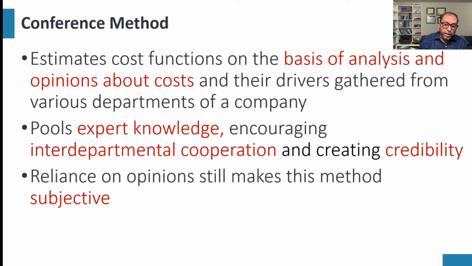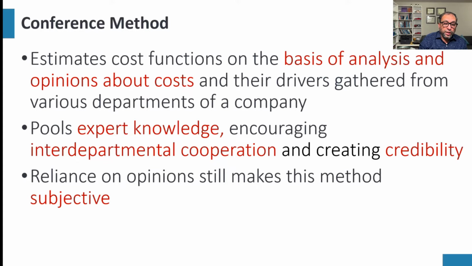The second method, as I mentioned, is the conference method. Conference means collecting the expertise from all the departments of the operation and then analyzing. It estimates cost on the basis of analysis and opinions about cost and their drivers gathered from various departments of the company. So it pools expert knowledge, encouraging interdepartmental cooperation and creating credibility.